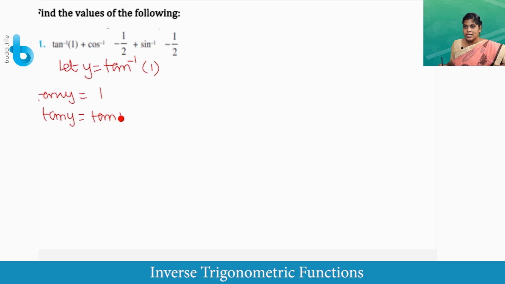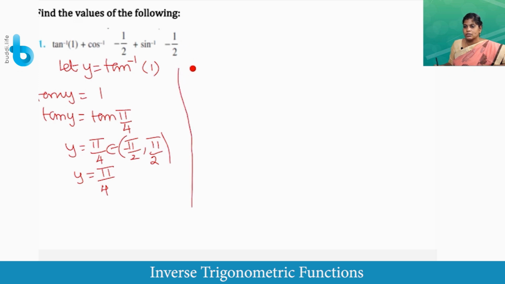Which is tan pi by 4. Therefore y equal to pi by 4. What is the principal range? It belongs to minus pi by 2 comma pi by 2. So definitely pi by 4 falls under this range. Therefore the principal value is pi by 4.